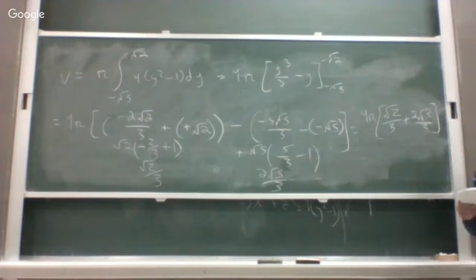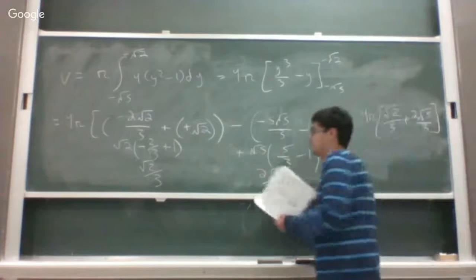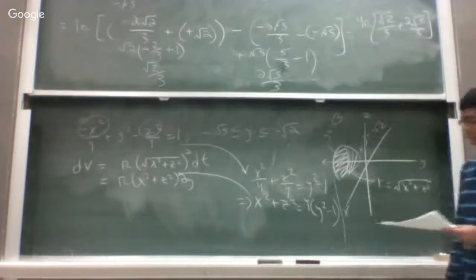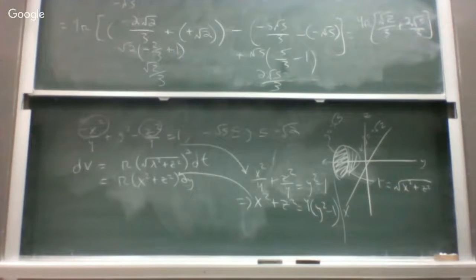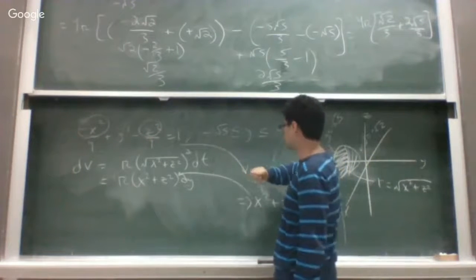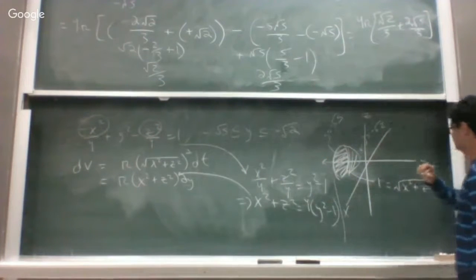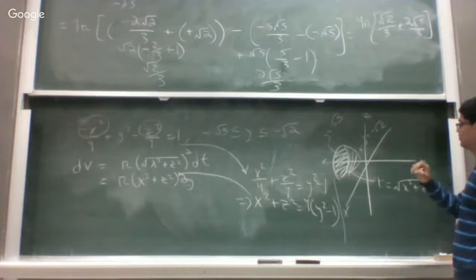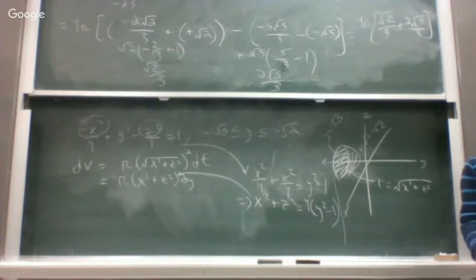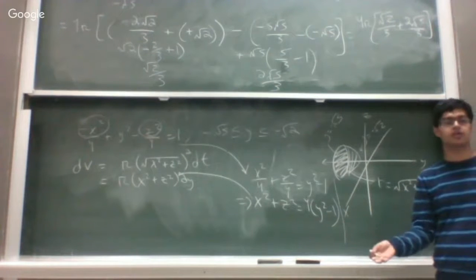So are you guys good with this part? Going back. So with this part, normally to find the equation of a circle, you have x squared plus y squared equals r squared, right?